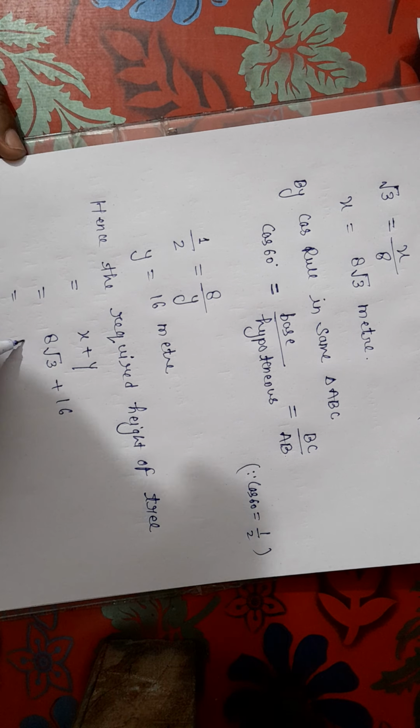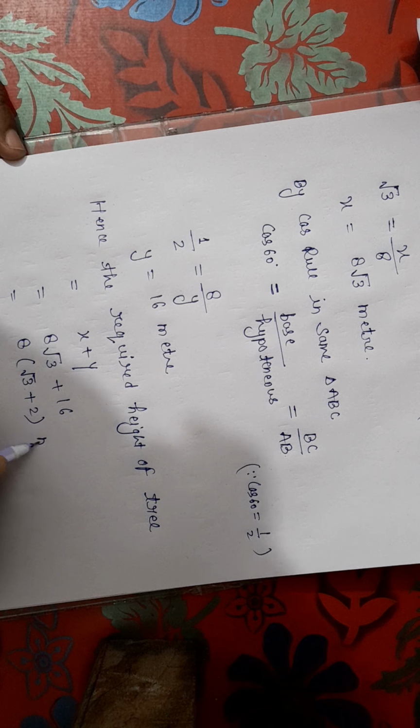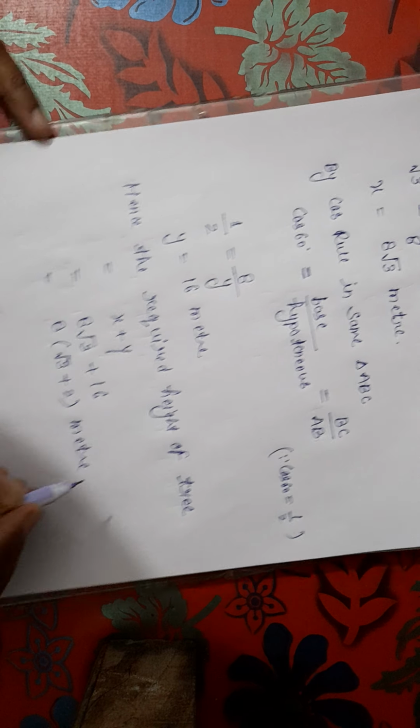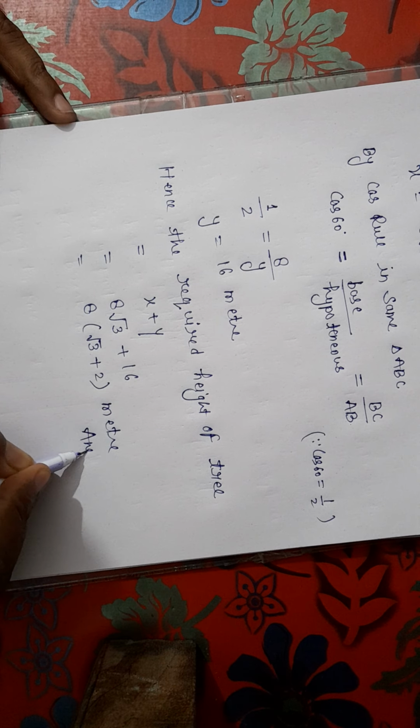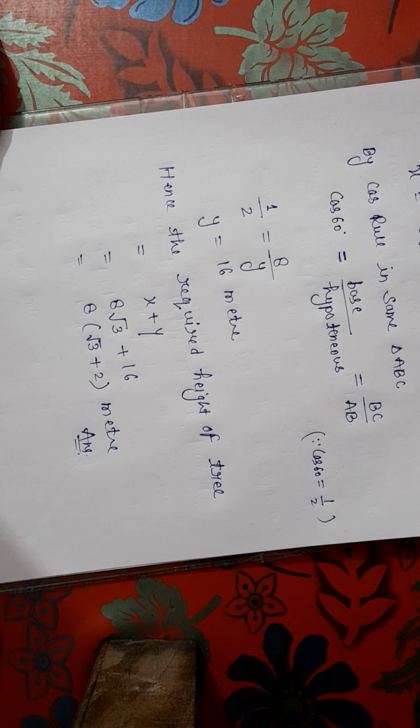So we take 8 as common here: 8 times (root 3 plus 2) meters. So this is the answer of this question.